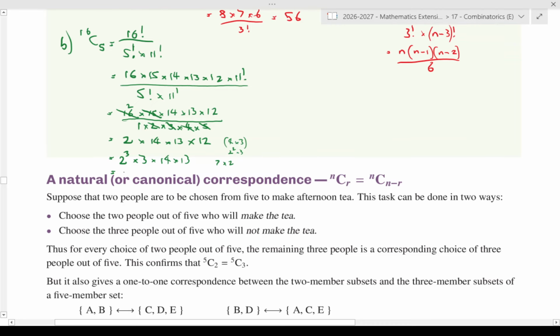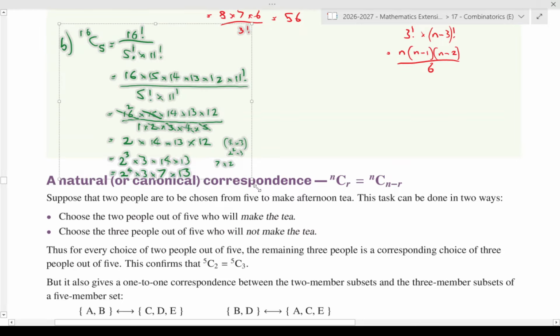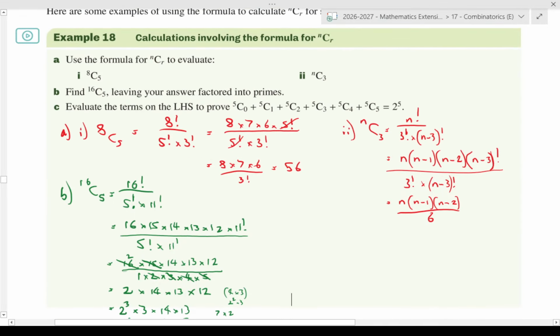So we end up with 2 to the power of 4 times 3 times 7 times 13. That got a bit messy for a sec, didn't it? I'll have to leave it like that. So you get 2 to the power of 4 times 3 times 7 times 13, and they're now all prime factors. Cool.